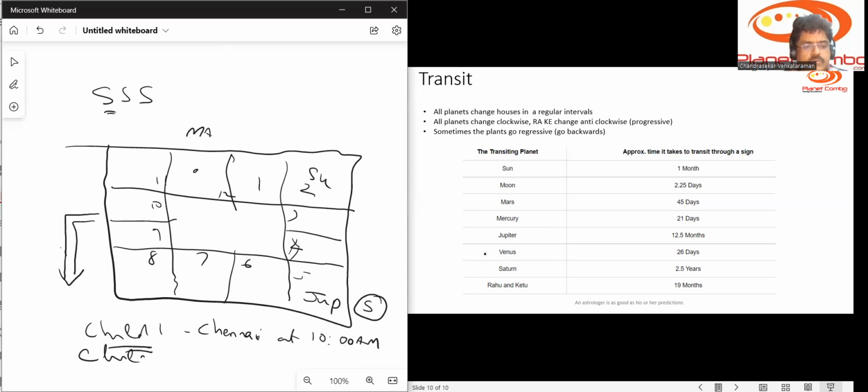Child 2 is also born in, let's say, Chennai itself at 10:15. All the planets wouldn't have changed, because Moon doesn't change much. Moon doesn't change sign. Moon changes sign once in a couple of days, not every 15 minutes. Okay. Both the children will have the same chart, Vedic chart. Okay. But are the lives the same?